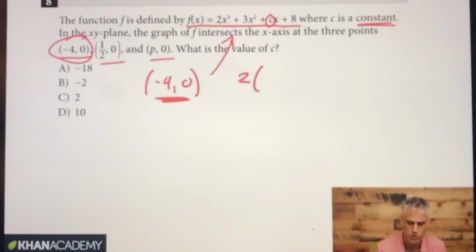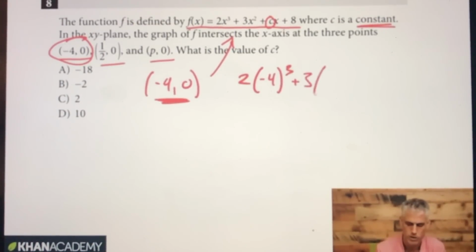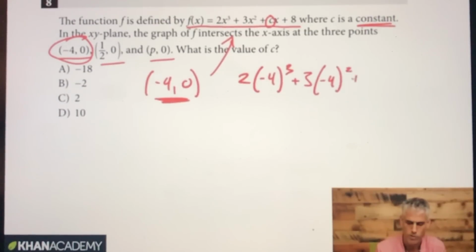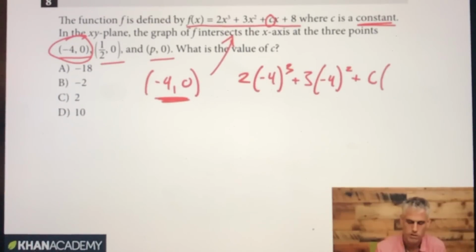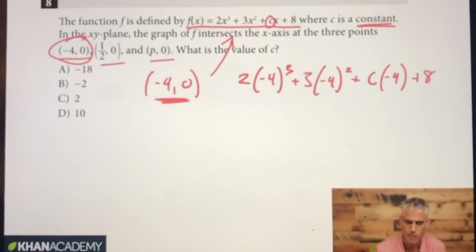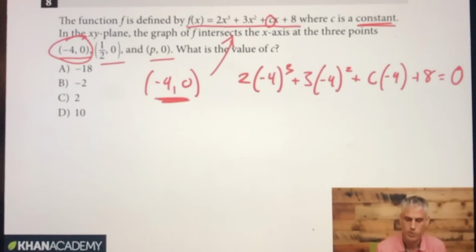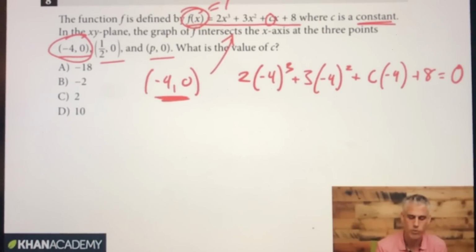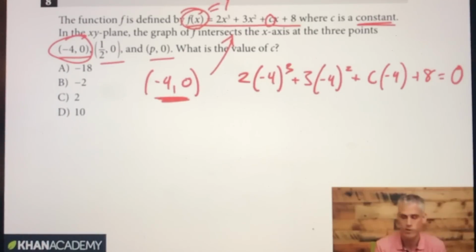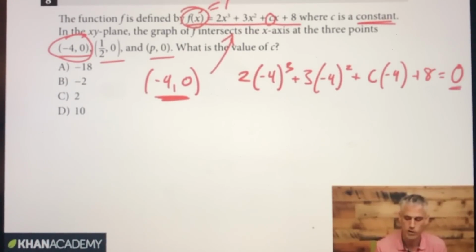So let's see what happens. 2 times -4 cubed plus 3 times -4 squared plus c times -4 plus 8. And that came out to be 0. f(x), in this case, you could think of as y. When you plugged -4 into this equation, you got 0. The value of the function is 0 there.